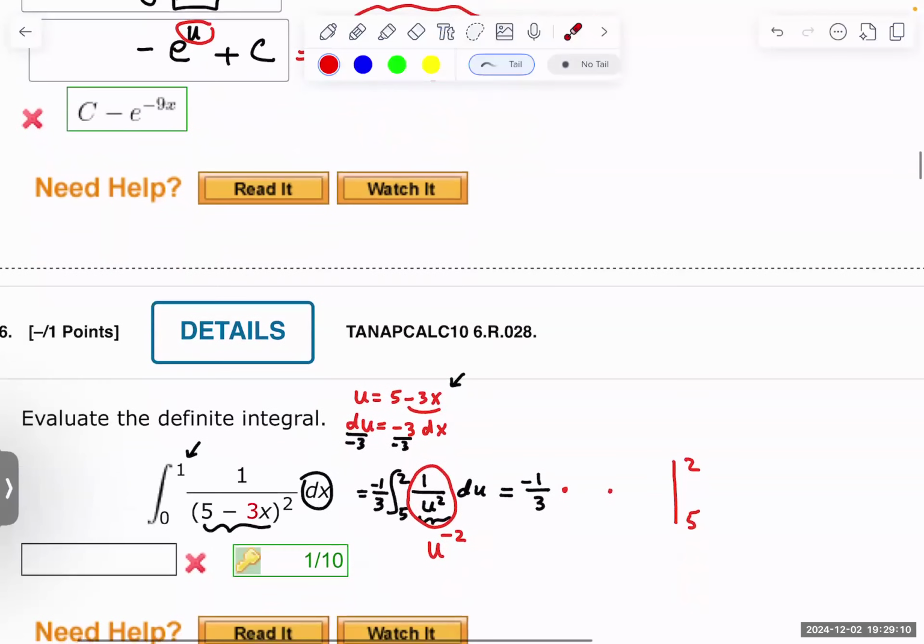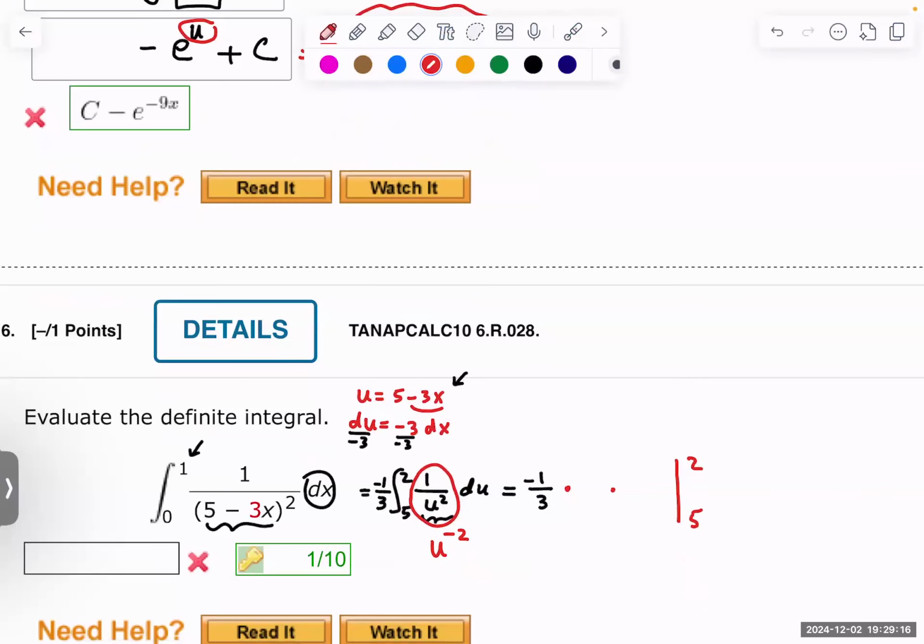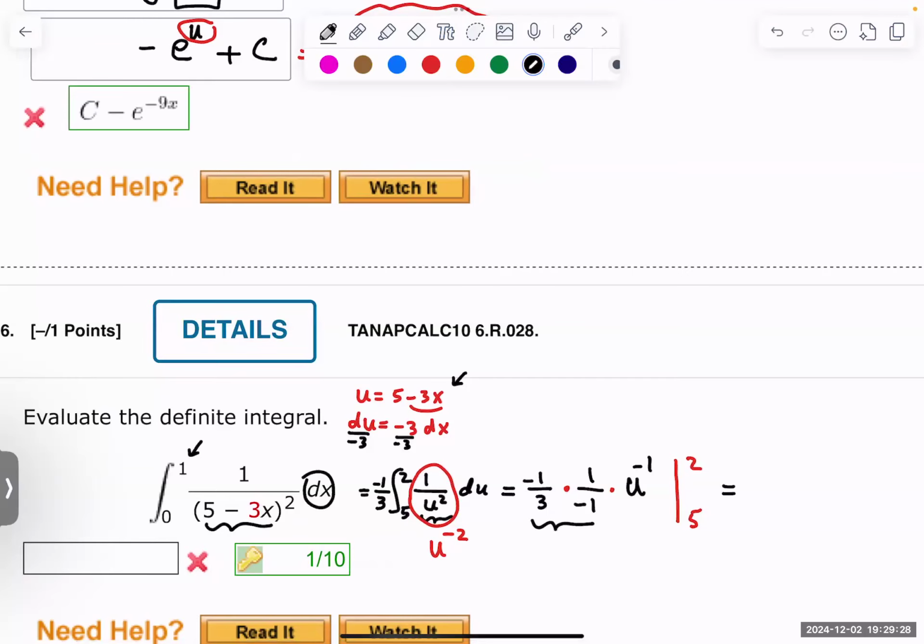Okay, now you're adding 1 to the power, so that's u to power -1, and then 1 over -1. So -1/3 times -1 is +1/3.